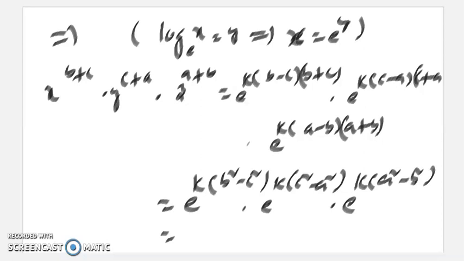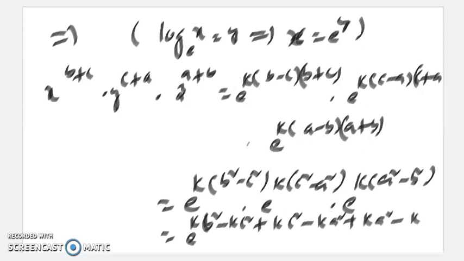So all bases are equal, then we add exponents. So e power kb square minus kc square plus kc square minus ka square plus ka square minus kb square, all are cancelled.